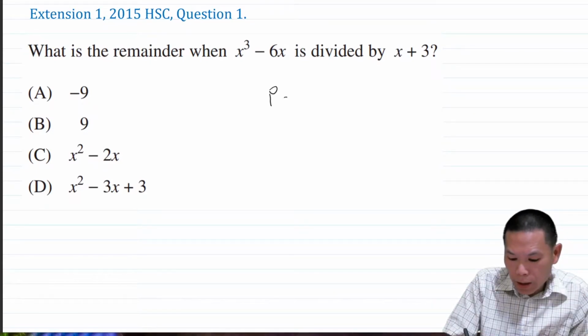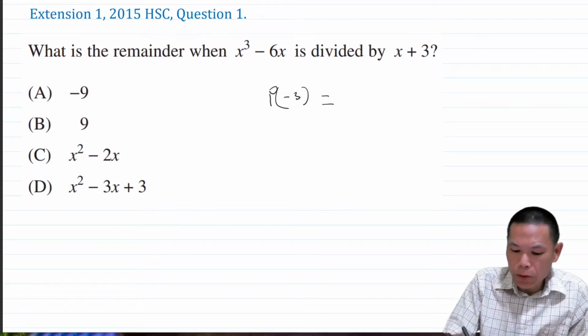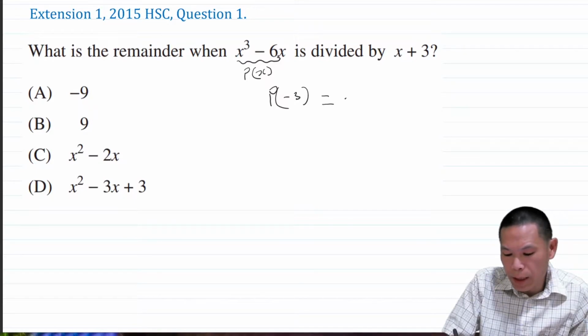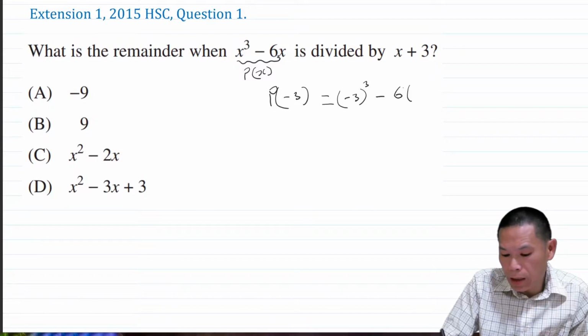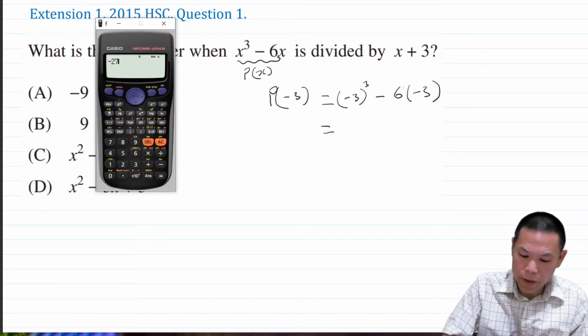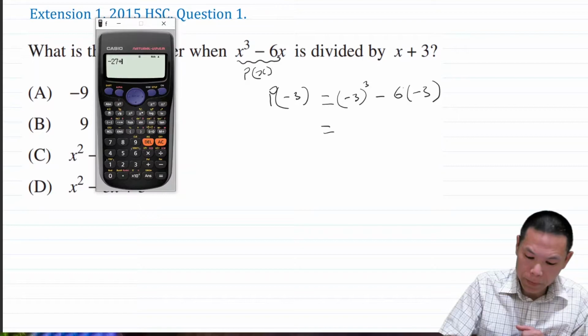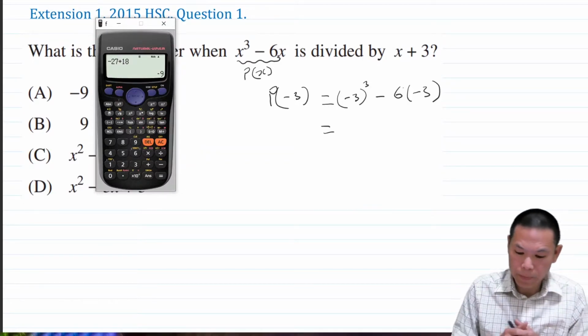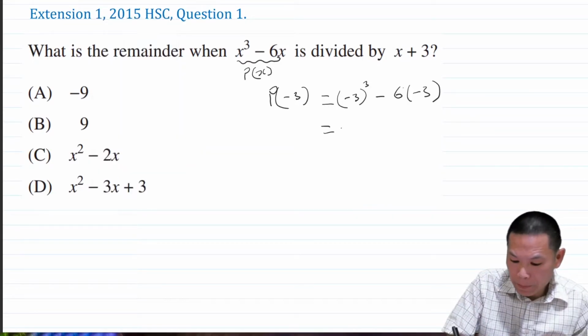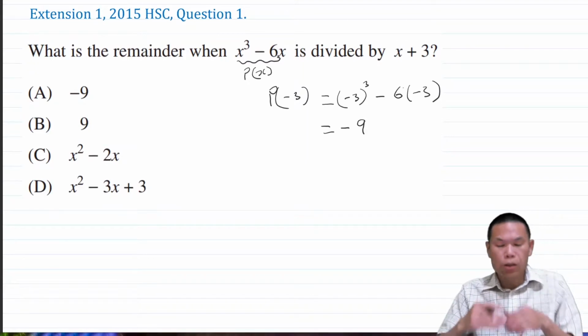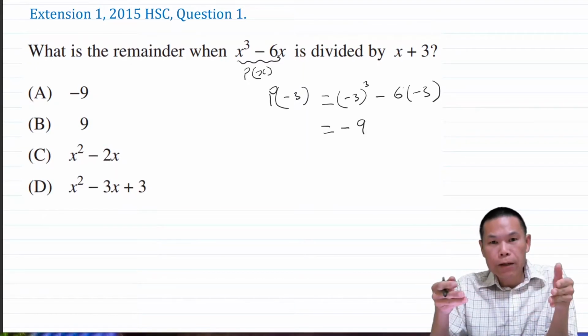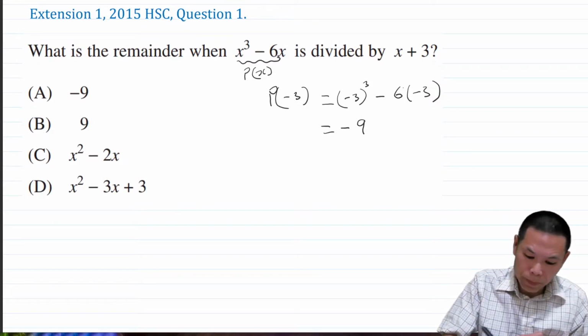So P of negative 3 is equal to, and this is P of x, negative 3 to the power of 3 minus 6 lots of negative 3. So negative 27, because negative 3 to the power of 3 is negative 27, and plus 18. There you go, negative 9. So the remainder is negative 9. So the answer is A.